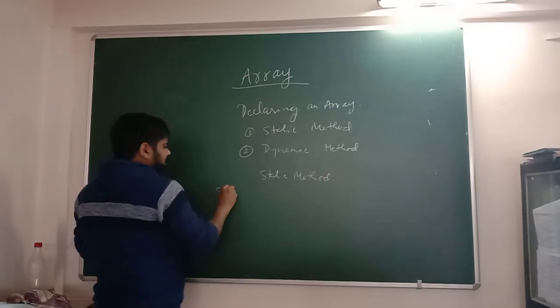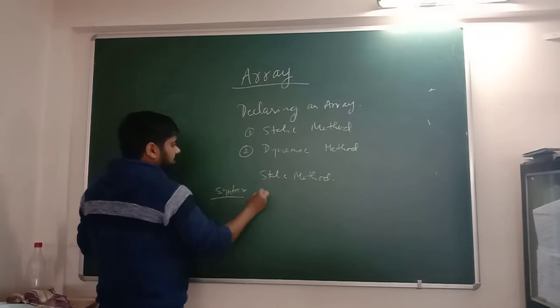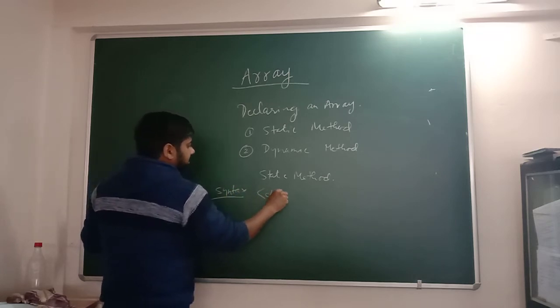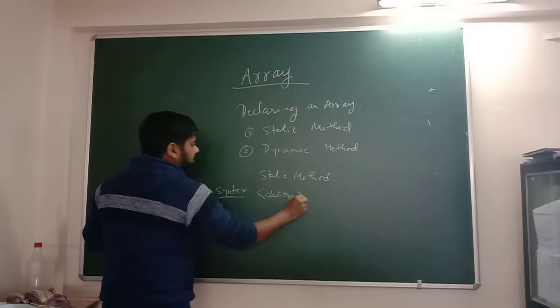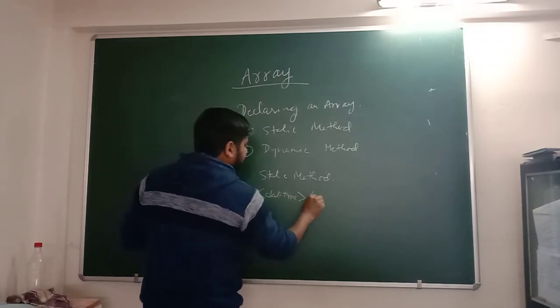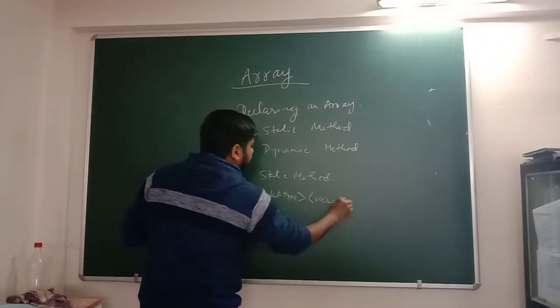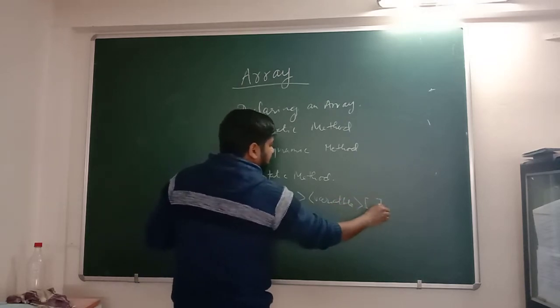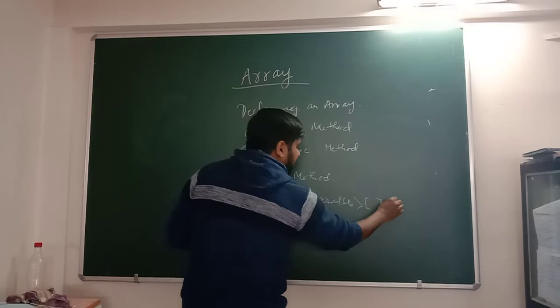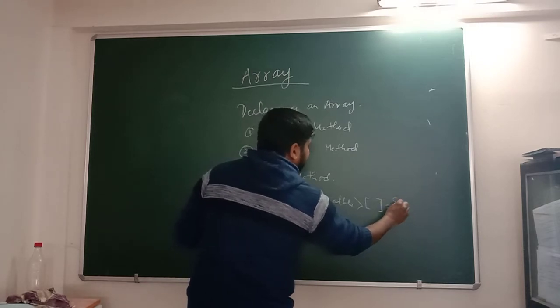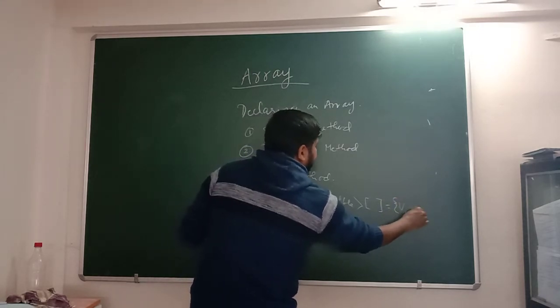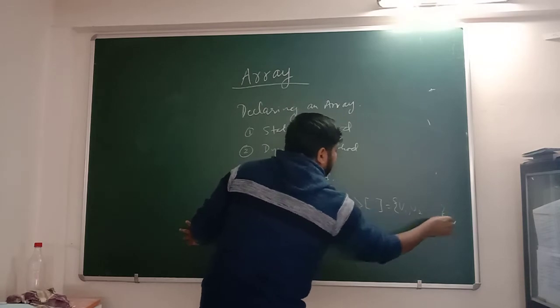So the syntax for this will be: first a data type, then a variable, then we denote it with this, and after that we put the values. The values can be V1, V2, anything, and a semicolon.